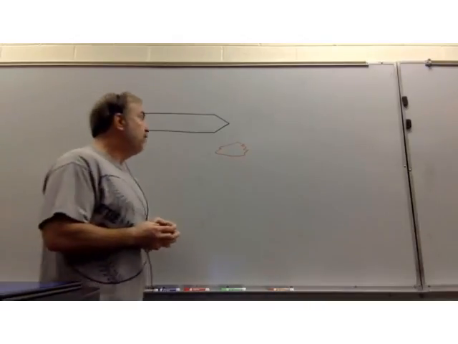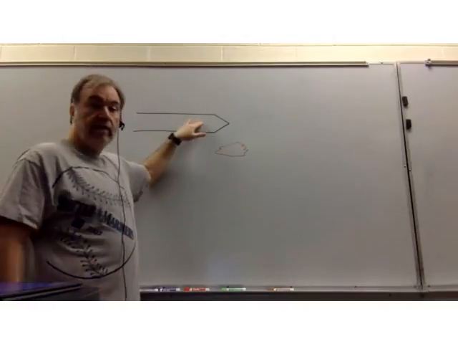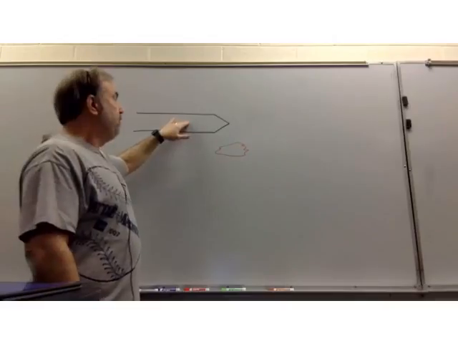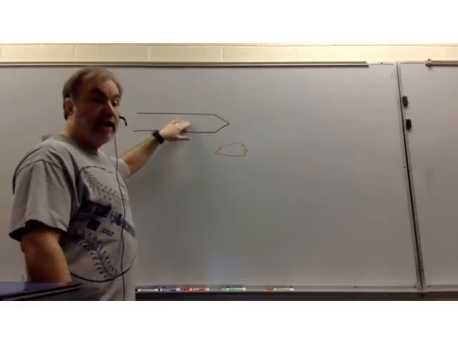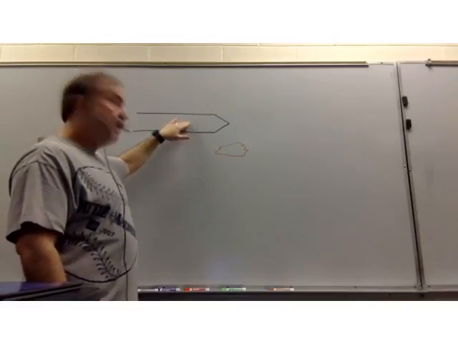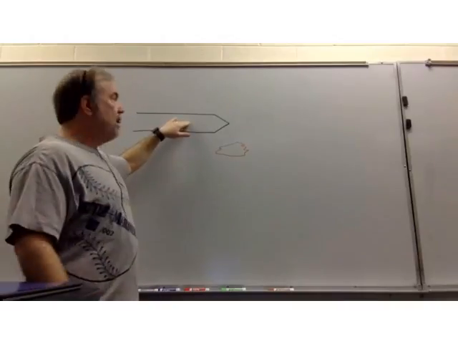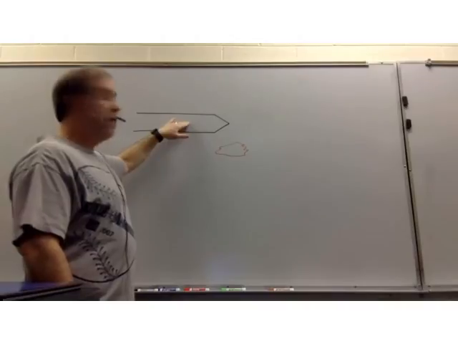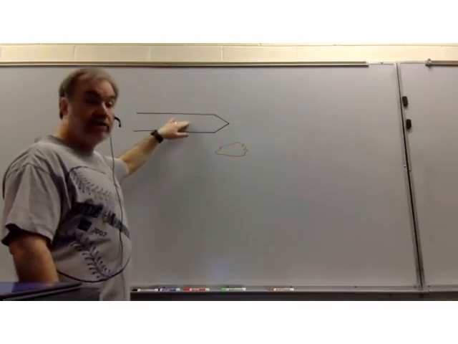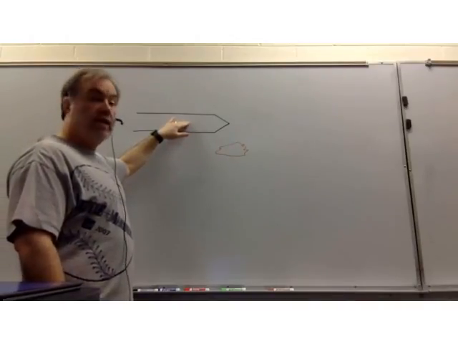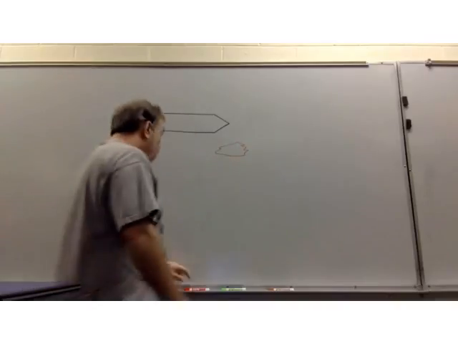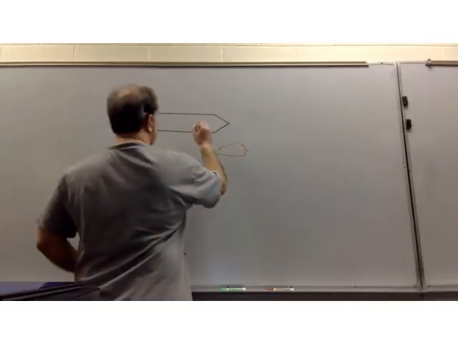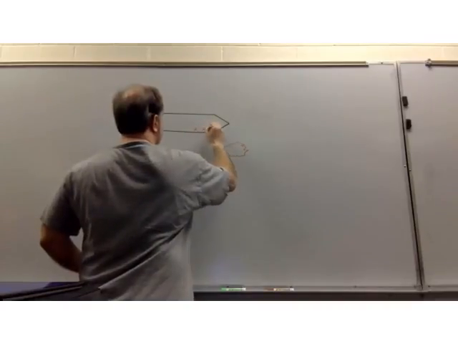Before I rubbed the rod with the fur, the rod was electrically neutral. It had equal amounts of positive and negative charge. But then, with the fur, I stole some of the rod's negative charges, leaving behind more positive charges now than negative charges. And so overall, the rod is going to have ended up with a net positive charge.